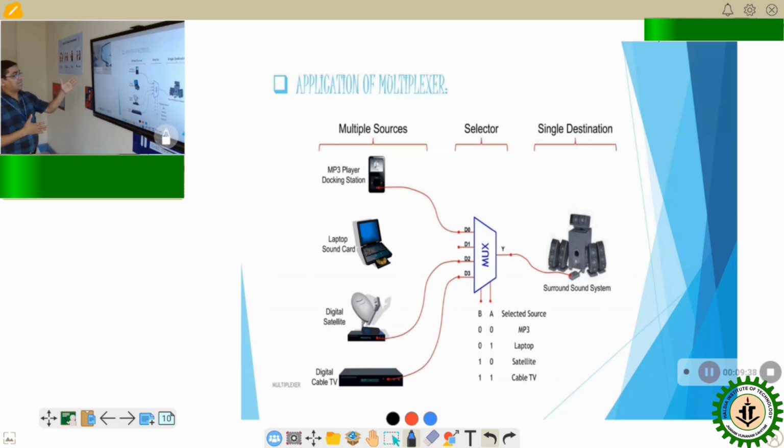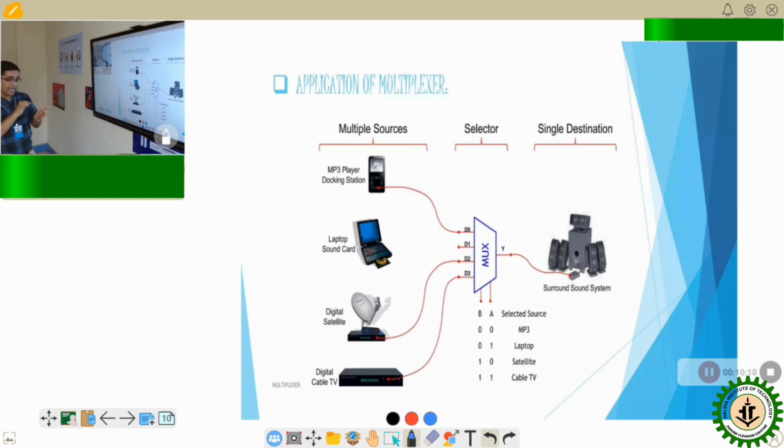Next, this is an application of the multiplexer. There are multiple sources: the MP3 player, laptop, satellite, digital cable TV. These all are sources. Multiple sources are connected to the data input lines, and they are driven by the select inputs A and B. Suppose when A is equal to 0 and B is equal to 0, that selects the source MP3.